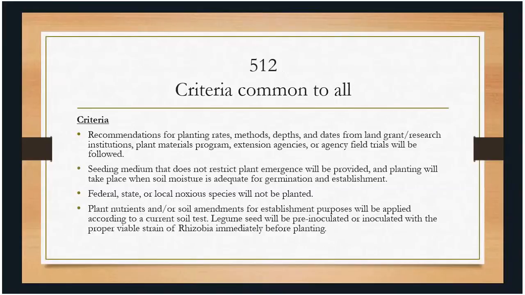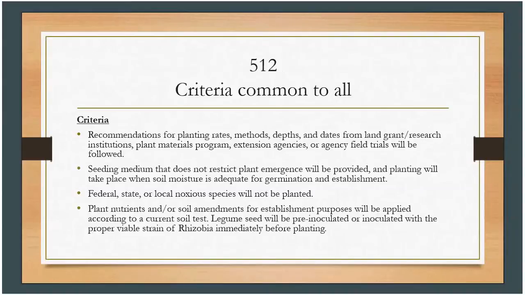Before I get into the groups, we're going to get some things out of the way, because there were some criteria that are common to all of the enhancements that are attached to 512. To keep from repeating myself, I'm going to cover those criteria now.